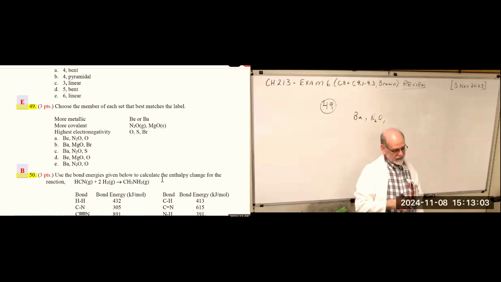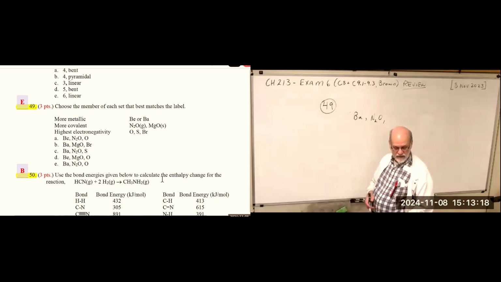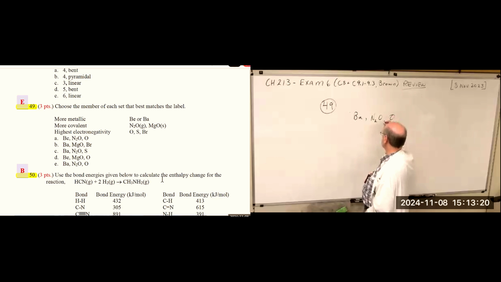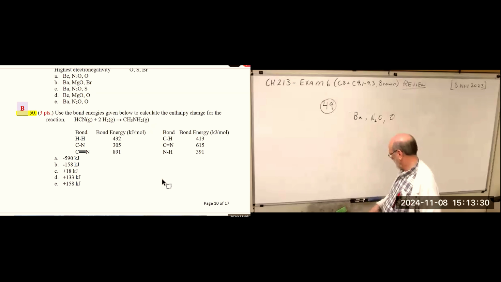Lower left to upper right, increasing. So the one that's furthest up in the right-hand corner is oxygen. Right. Sulfur's below it, and bromine's below and to the right of that. So oxygen would be the highest electronegativity. Barium, nitrous oxide, and oxygen, which would be E. Right?